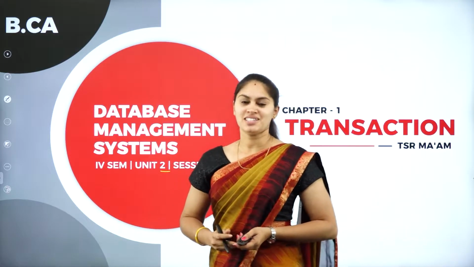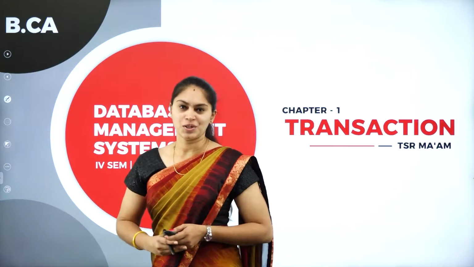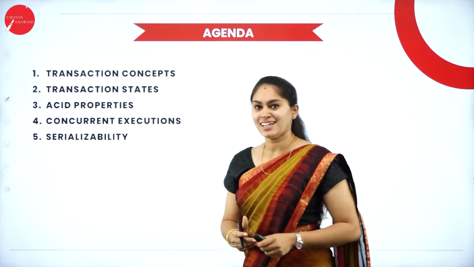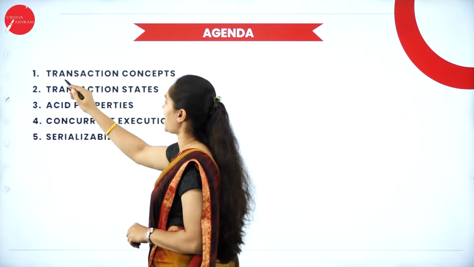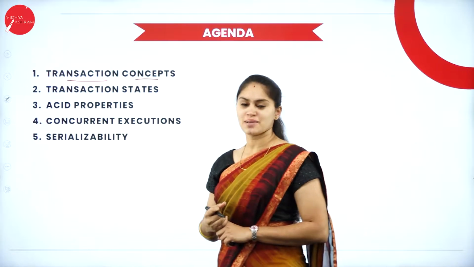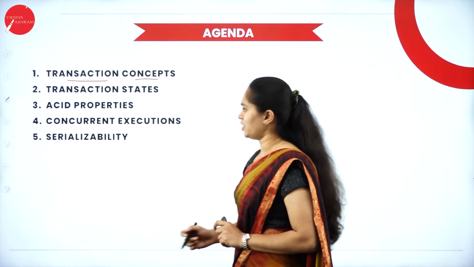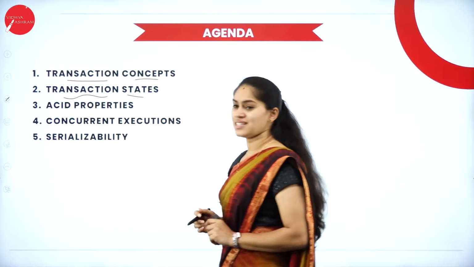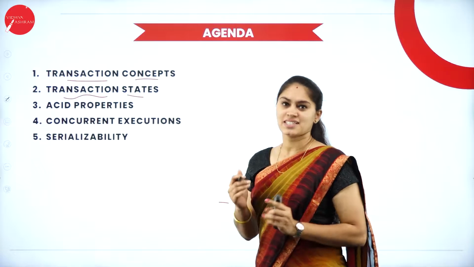In today's session, we are going to discuss this chapter 1 of the second unit. Let's see the content I have for today's session. Today we will be discussing transaction concepts. What do you mean by transaction? What are the concepts you have to consider when it comes to the transaction? I will also be discussing the transaction states. If I say transaction, what are the states it comprises of?